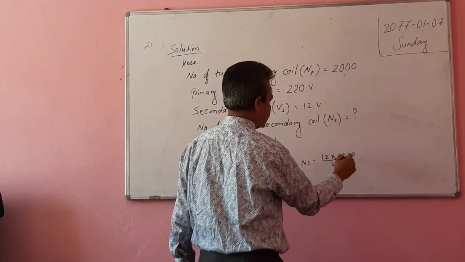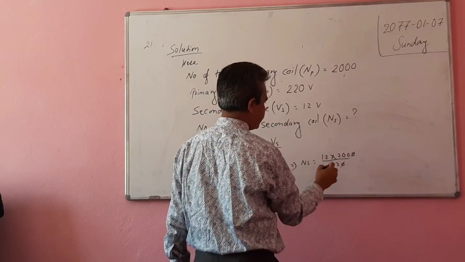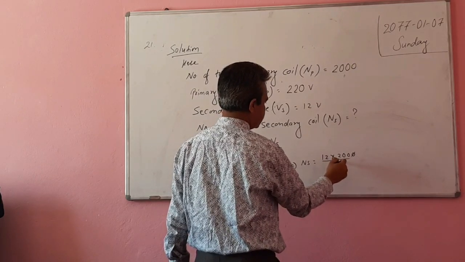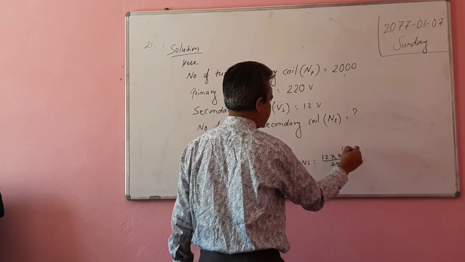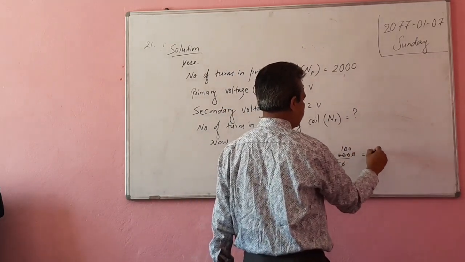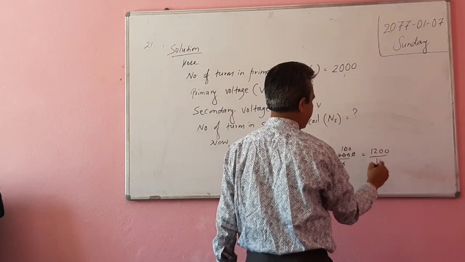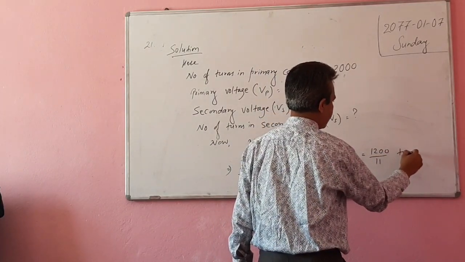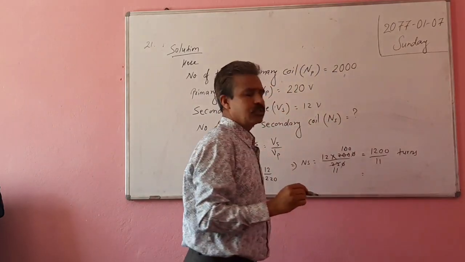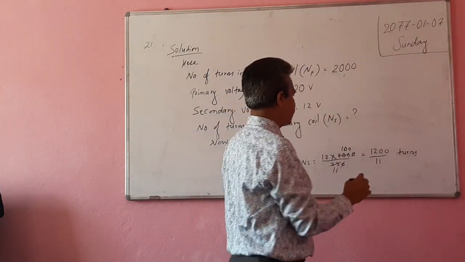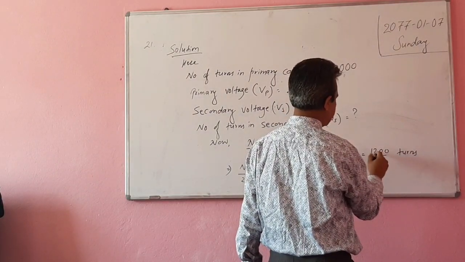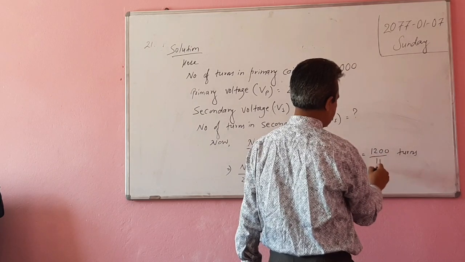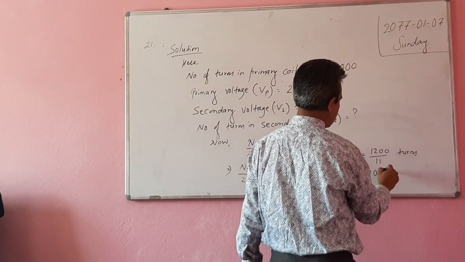Now cancel this 0 and 0. Now what can be done? 200 by 22, then 1200 by 11. How much does it come? Divide. So 11 ones are 11, then it comes 109.1.